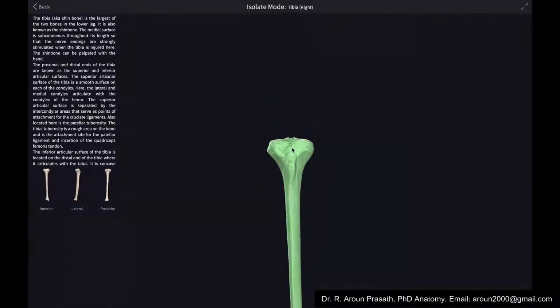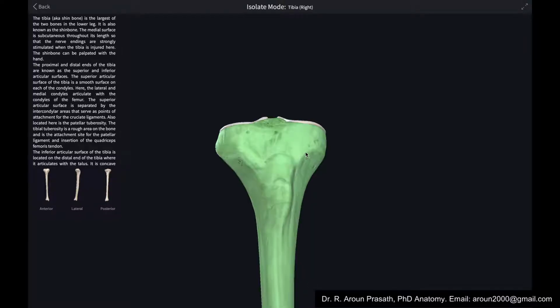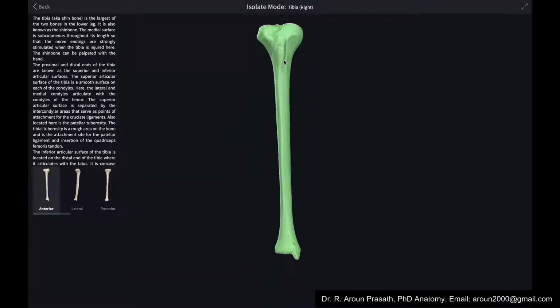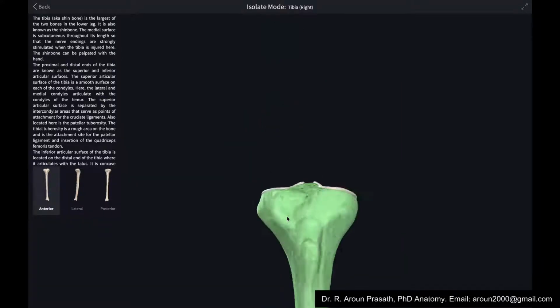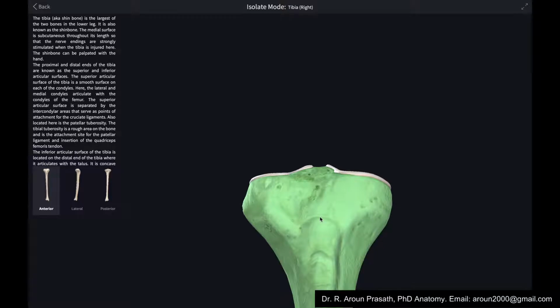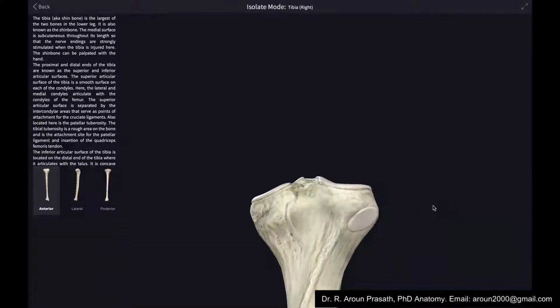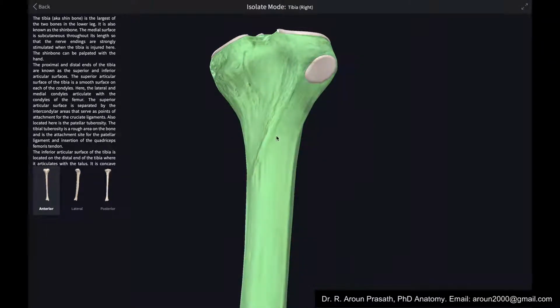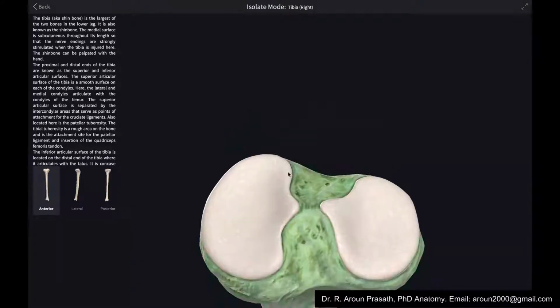This is the lateral condyle of the tibia and this is the medial condyle of the tibia. If you look at the superior aspect of the tibia, it has a flat surface which we call the tibial plateau.